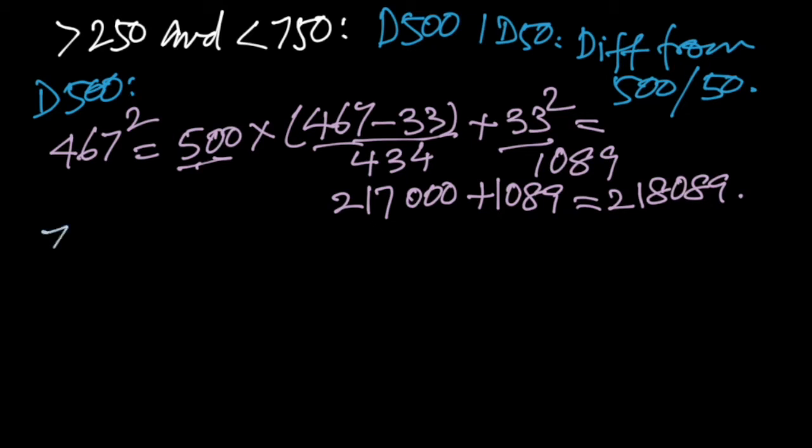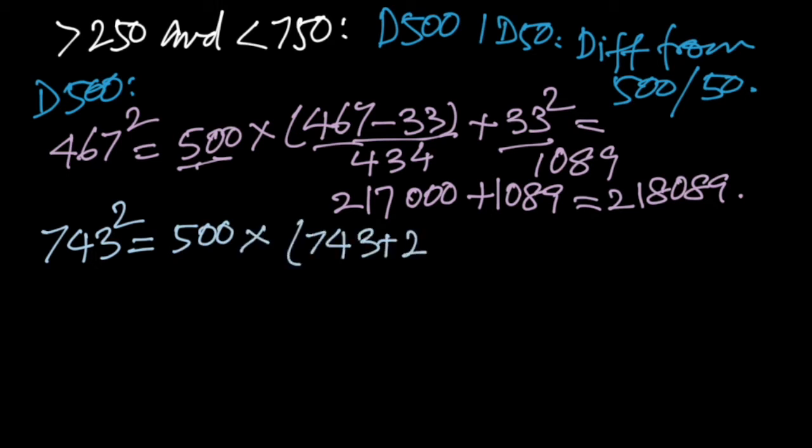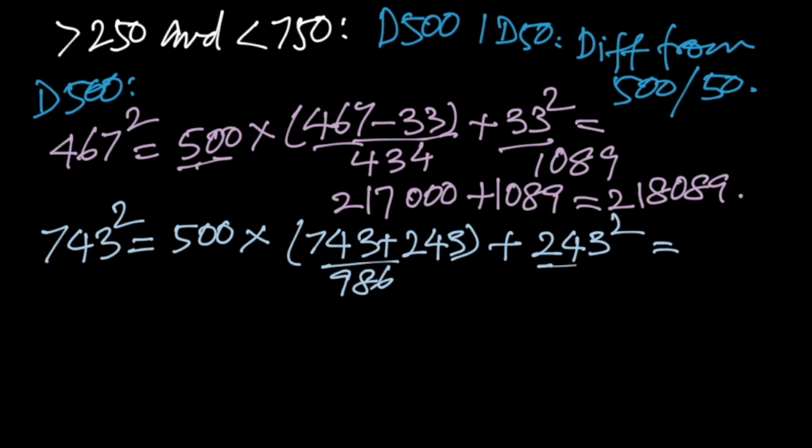Let us do one more example. Let us take square of 743. So, here again we start with 500 and we add 243 to 743 because it is that much more, plus a square of 243. So, this becomes 986. Now, 243 square we can use P100.